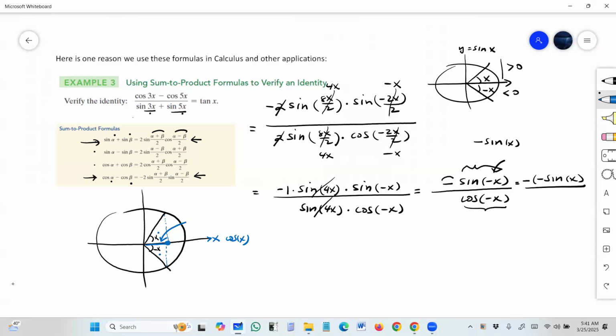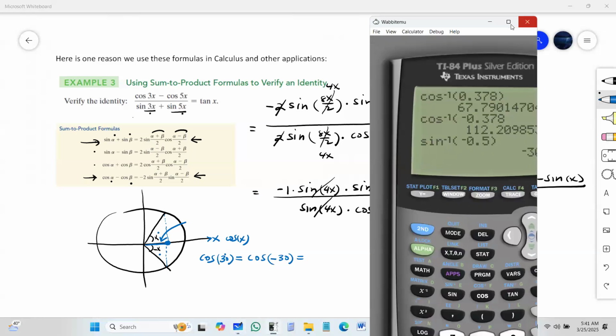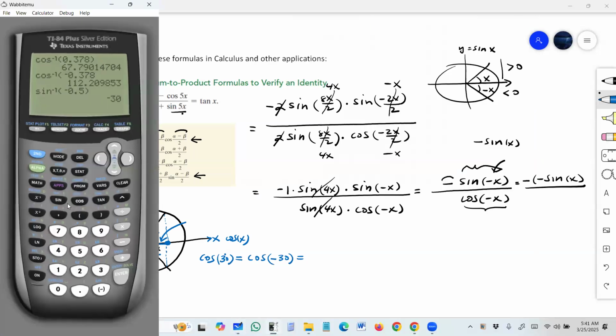And you can check this on the calculator. Well, I guess I can show you. Let's assume x is 30 degrees. Let's find out what cosine of 30 degrees is, and then you're going to see that the cosine of negative 30 degrees has the same value. So let's check this on the calculator. Cosine of 30 degrees is 0.8660.